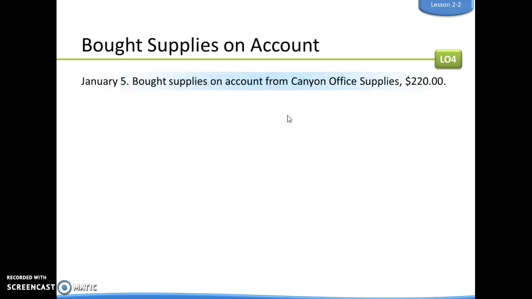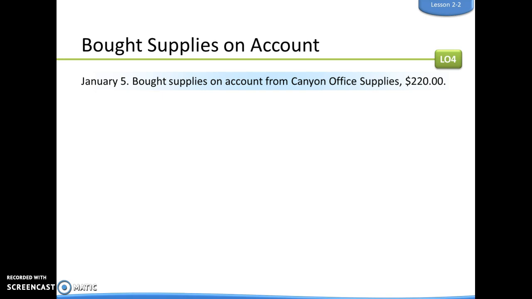Okay, now the transaction of bought supplies on account from Canyon Office Supplies, $220. So if we're going to break this down into the accounts, which accounts are used on this transaction? Accounts payable. No, you're close. Accounts payable and supplies.